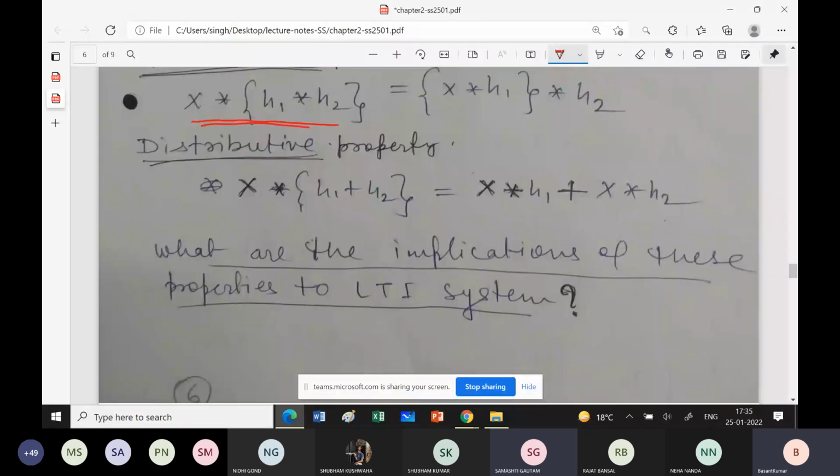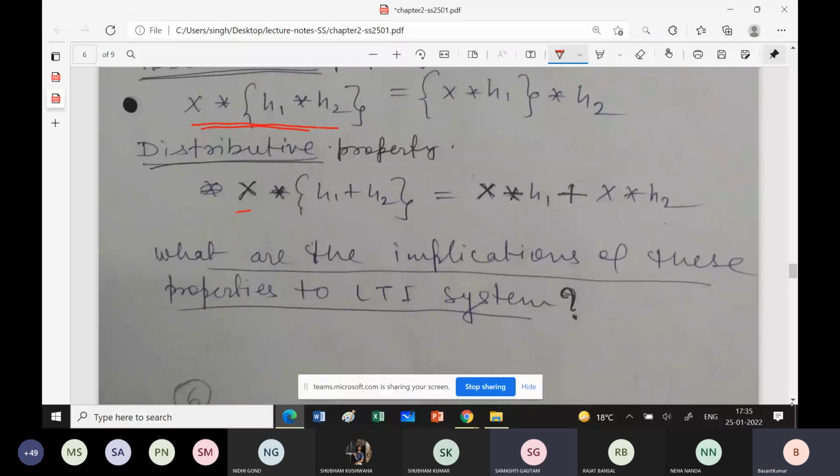Then the distributive property. So this is X convolved with the summation of H1 and H2, so it can be written like this. Fine. Now, what are the implications of these properties for an LTI system? So that is important.